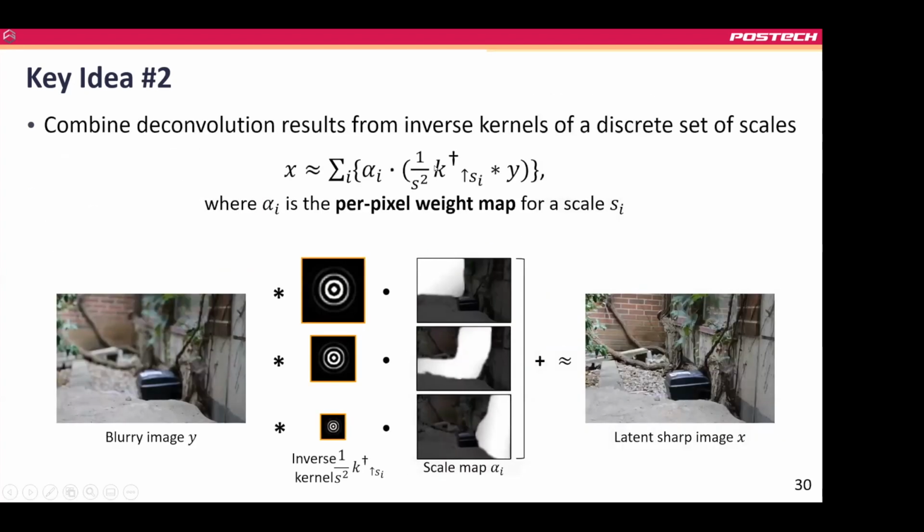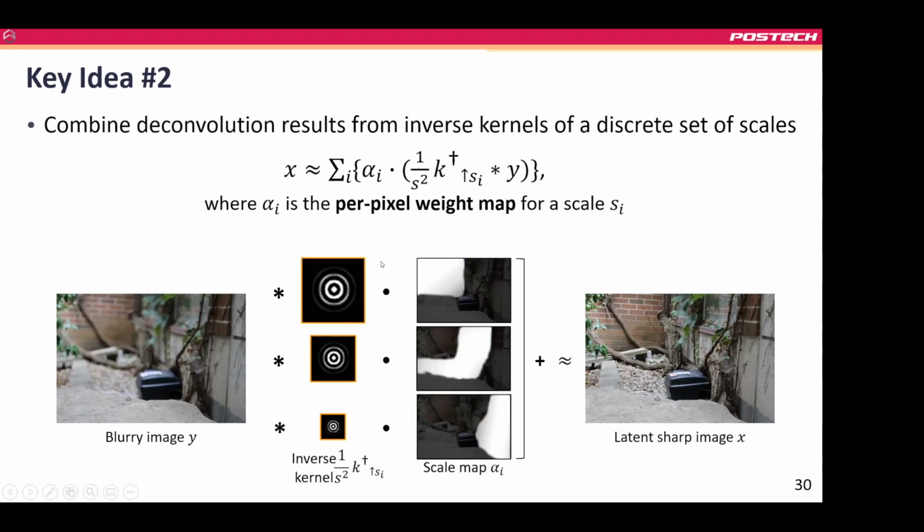Okay, then that means that when we apply this inverse corner to defocus deblur this image, we apply some discrete, large, middle, and small scales of inverse corner to this one. And then we can interpolate the result of this convolution. Then here, for example, this part is a large defocus blur, and then we apply this. Let me make it clear. Then here we apply these three scales of inverse corner, and we obtain three images.